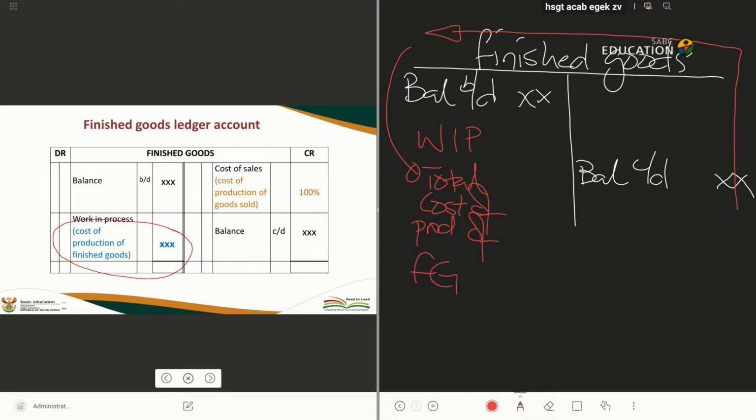Which amount are we referring to? We are referring to this amount.